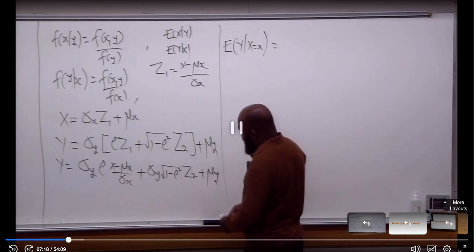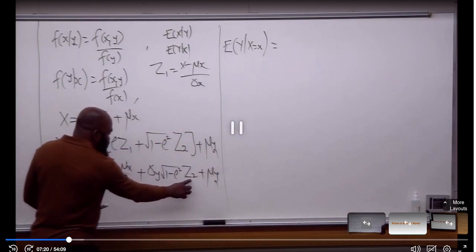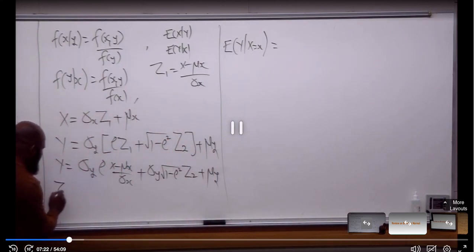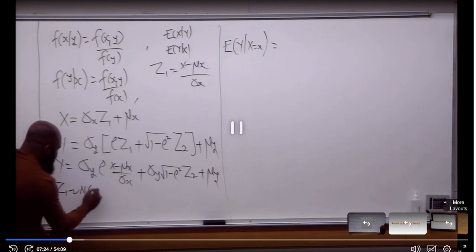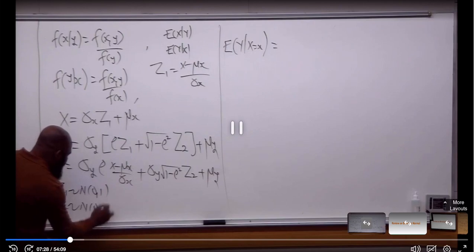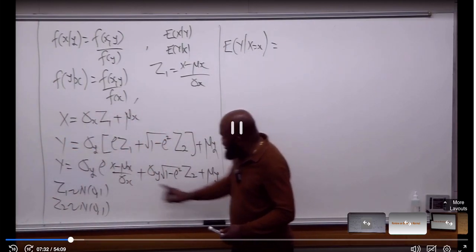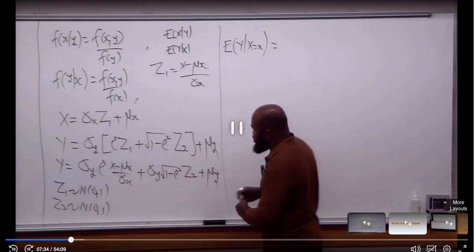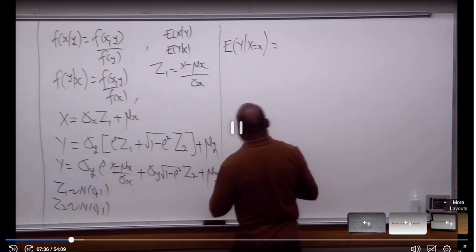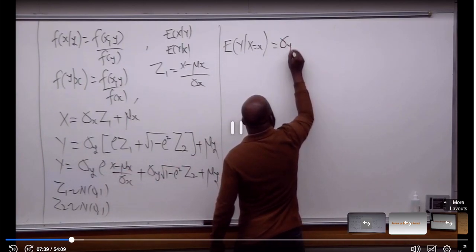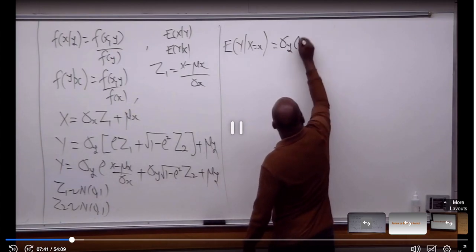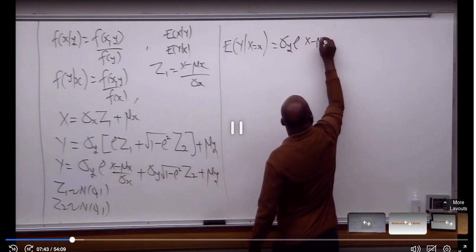Z1 follows a normal distribution with this, and z2 also follows a normal distribution with that. So in that situation, the only random variable here is z2. If I take the expectation of both sides, I'm going to have this.